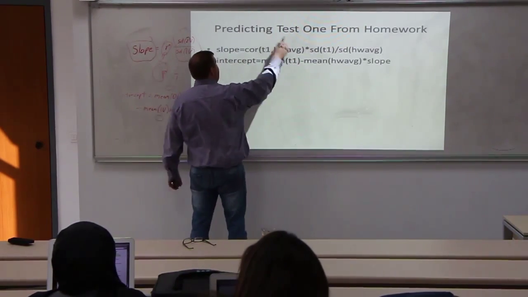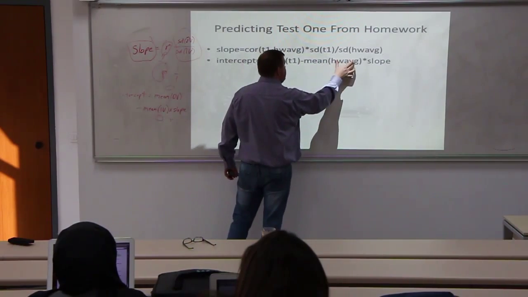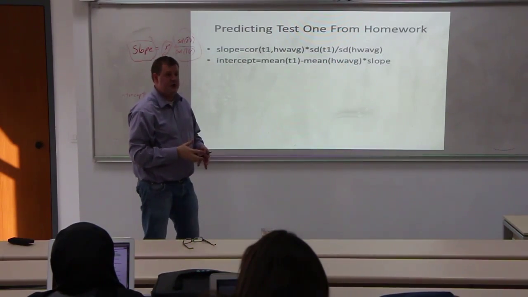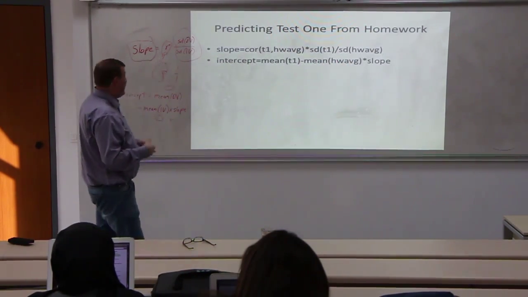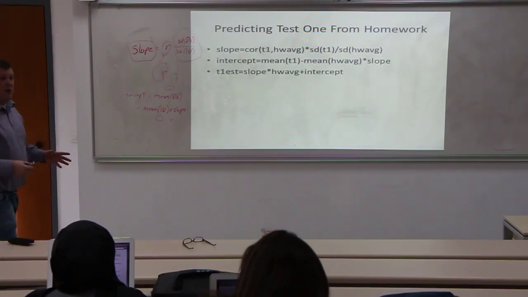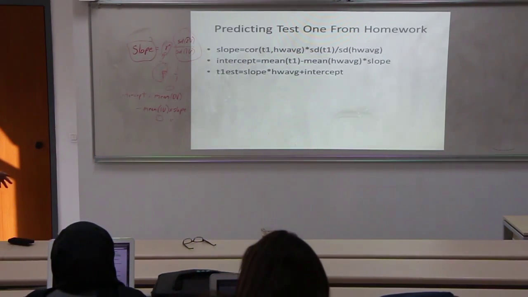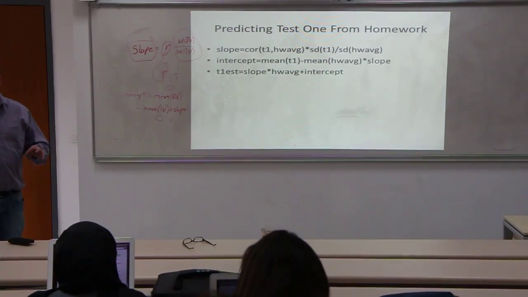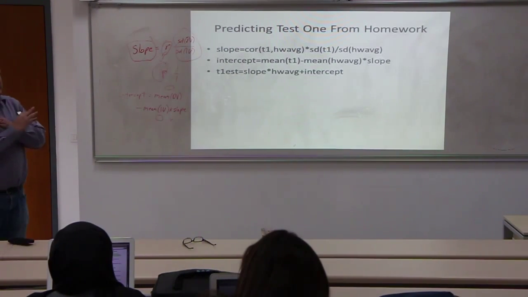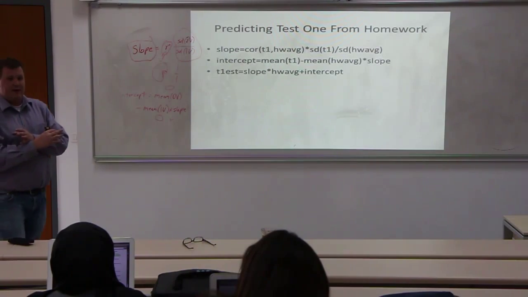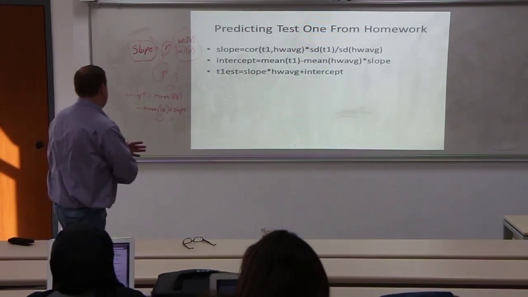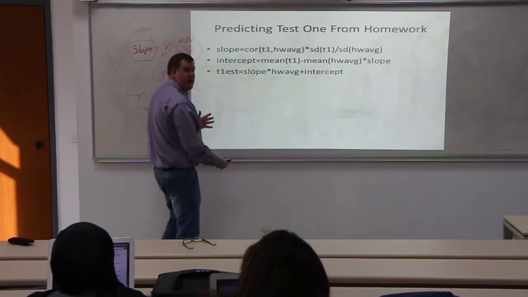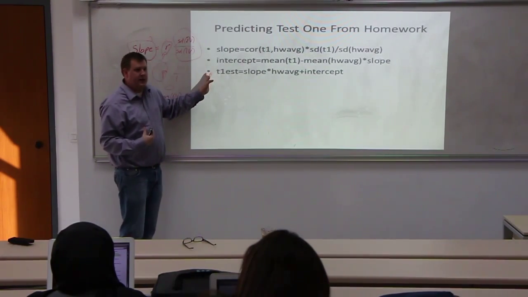So the mean for our test 1 scores minus the mean for our homework average times the slope. That gives us the intercept. Now what we can do is estimate what the test 1 scores should be, given a linear relationship with the homework. So we have exactly the same form that we saw from last class.